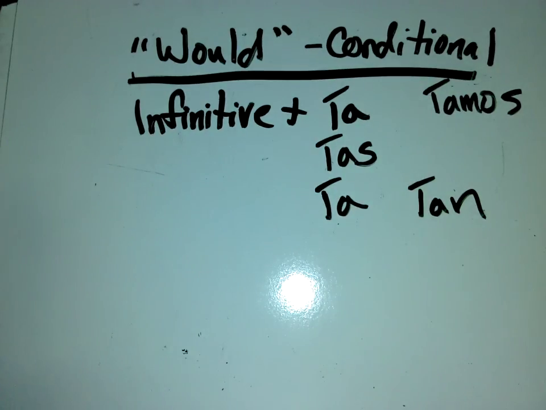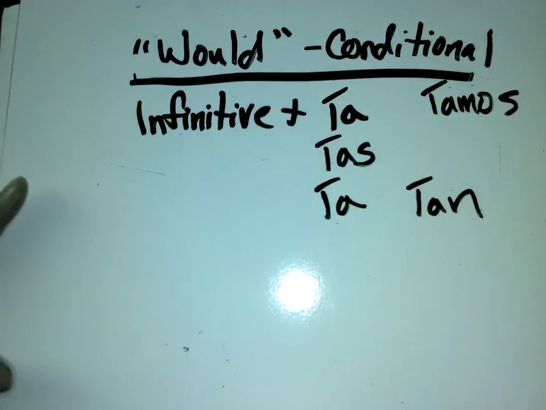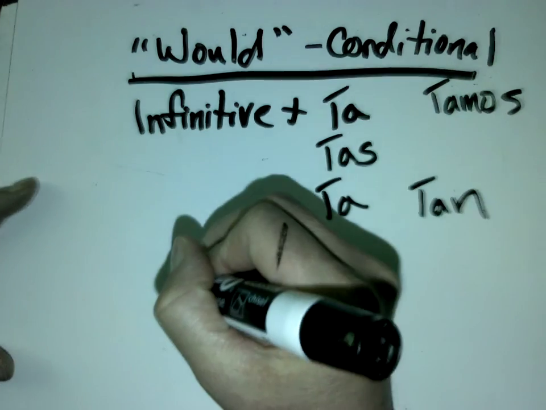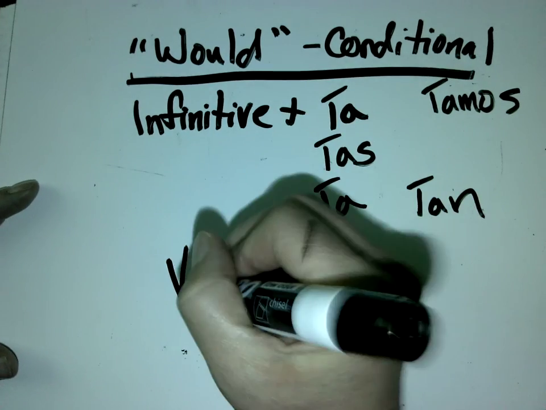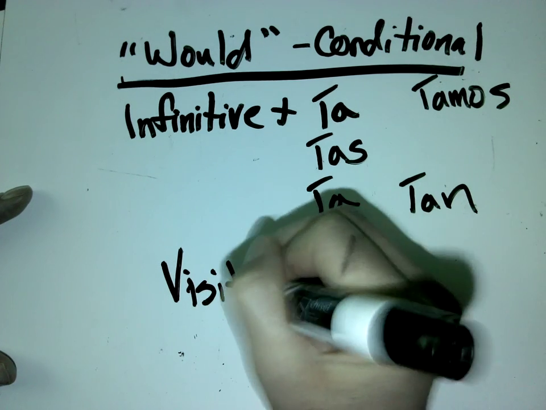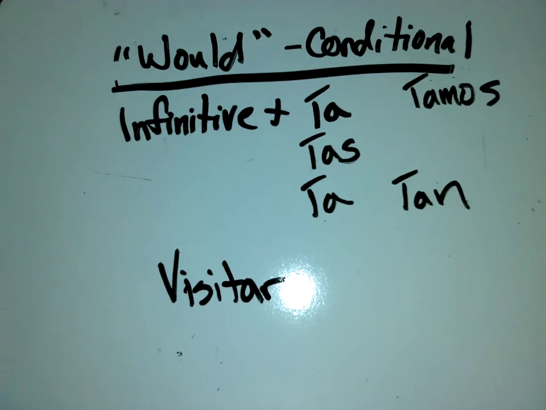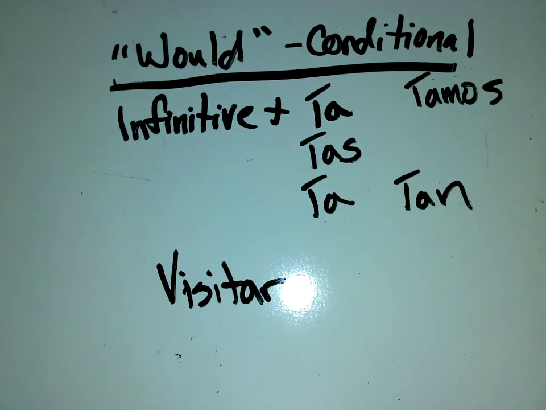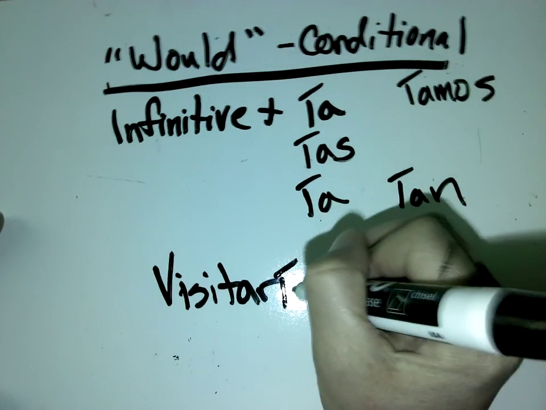Visitar. What's visitar? To visit. So if I wanted to use the conditional and I wanted to say, I would visit my grandmother, then I start with the infinitive, which is visitar. And then, how do I add the I would part? You add the ía to the verb.